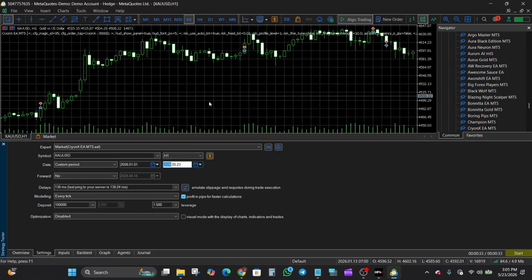And of course, it is important to remember that these are strictly historical backtest results and not guaranteed future outcomes. Real performance can vary significantly depending on broker execution, spread conditions, slippage, lot sizing, market volatility, and overall optimization settings.